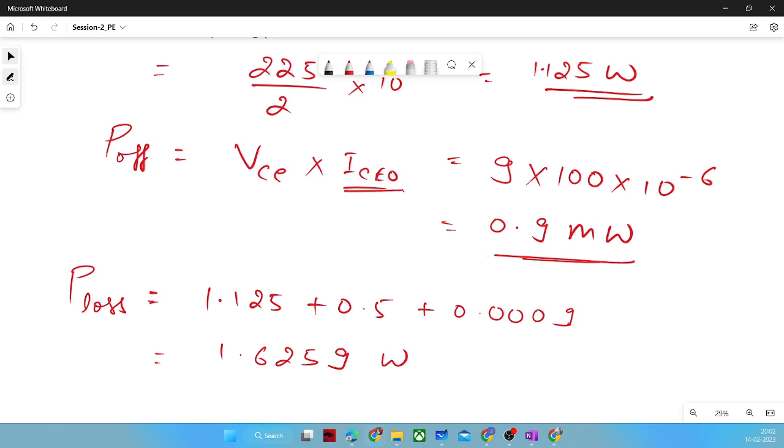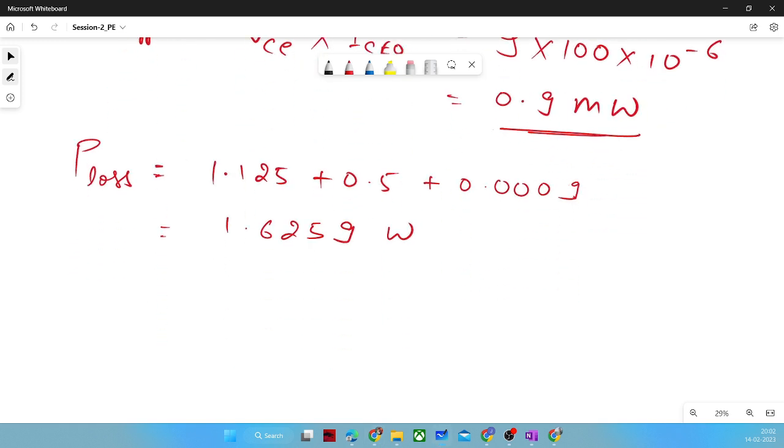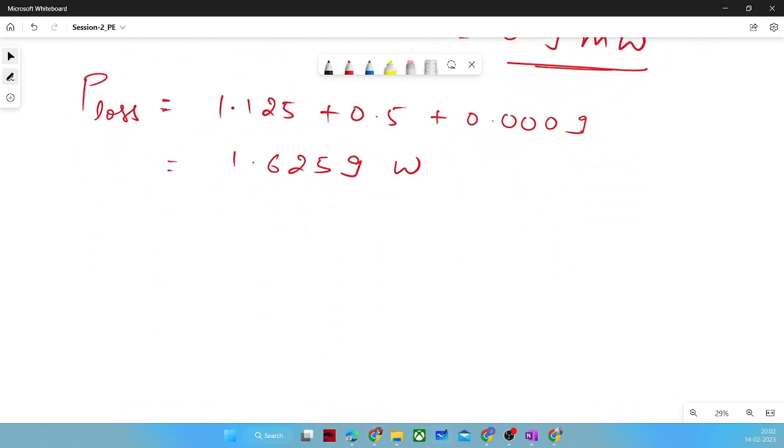First option, sir. Base driver source should have sinking capability so that negative base current can flow. So in this you have some trouble, right? Okay. So see, generally all the drivers to operate any power electronics circuits or converters, we design some gate drivers, right?